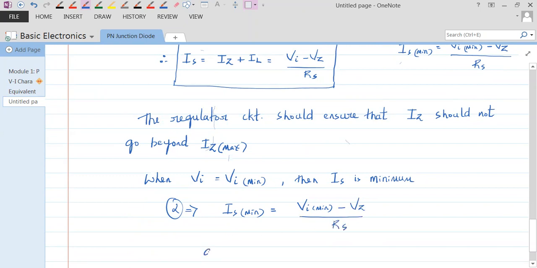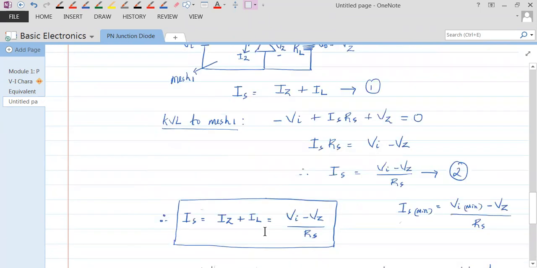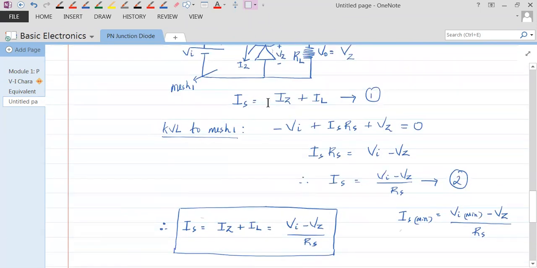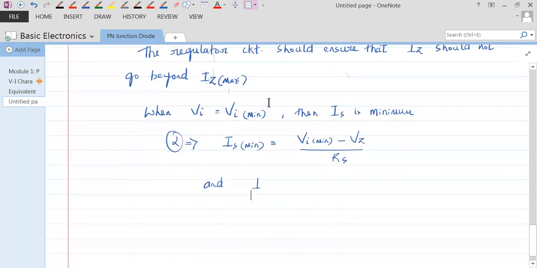And what would your equation number 1 imply? Is minimum we are saying, right?